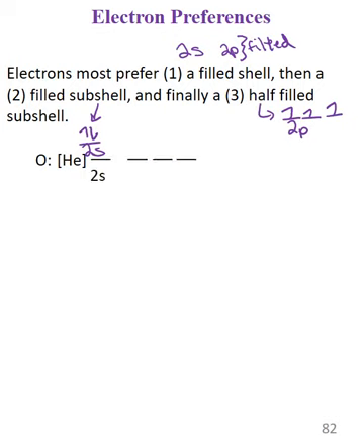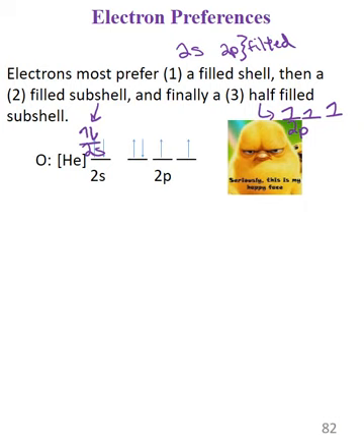So I have the 2s as well as the 2p, and I'm going to fill in my number of electrons. 2s is completely full, and then in the 2p I am going to have 4 electrons, starting on top, and then I fill them with the rest. This one, oxygen does not like. It says, seriously, this is my happy face. Yeah, so oxygen does not enjoy this electron configuration.